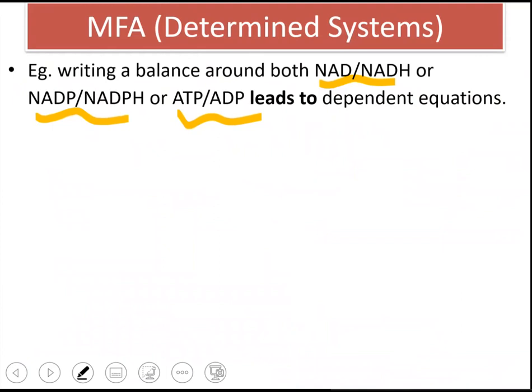If the reaction list has a manageable number of reactions, let's say 20, you can easily check by eye if there is an NADPH in a reaction, there is always NADP on the other side of the reaction. If this is always the case, then this means the NADP balance and NADPH balance will be dependent. So you need to write a balance only around one of them. Then you will get rid of this dependency problem.